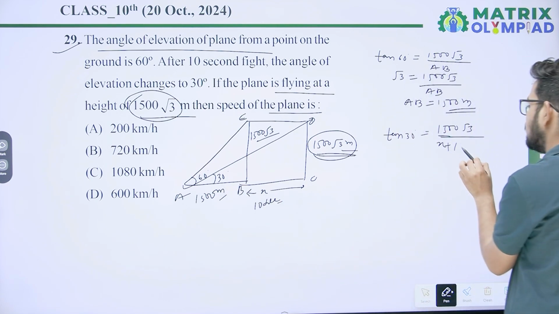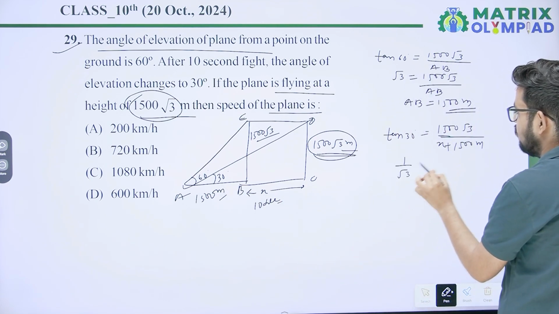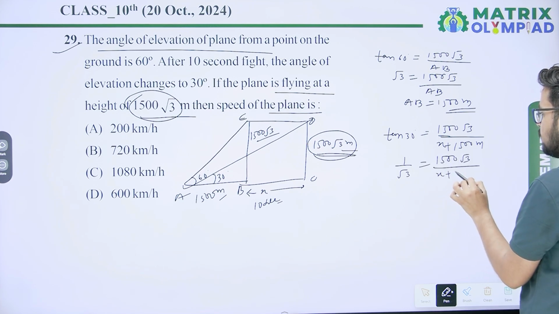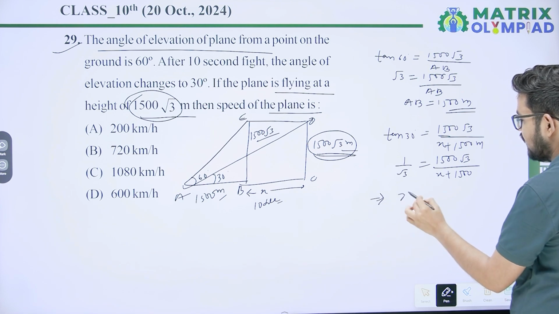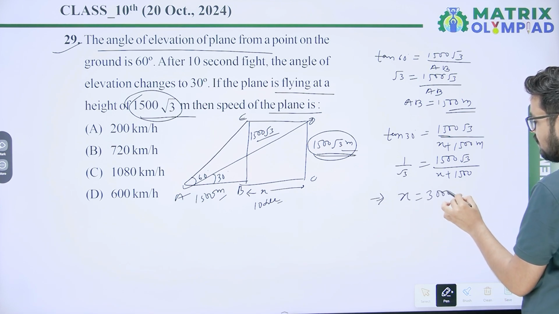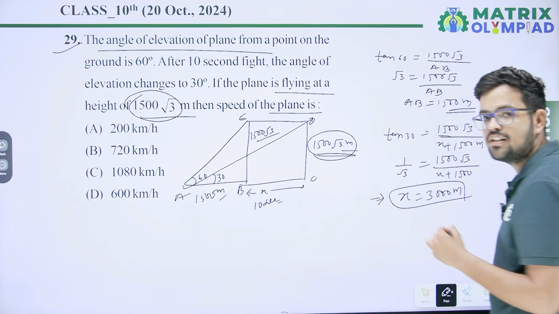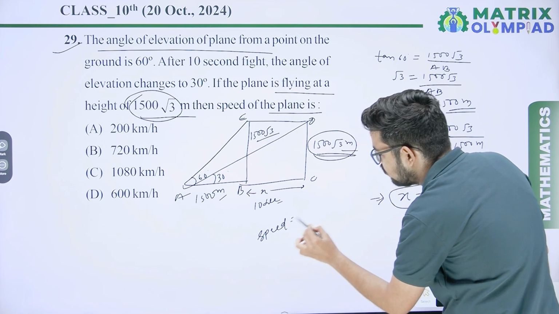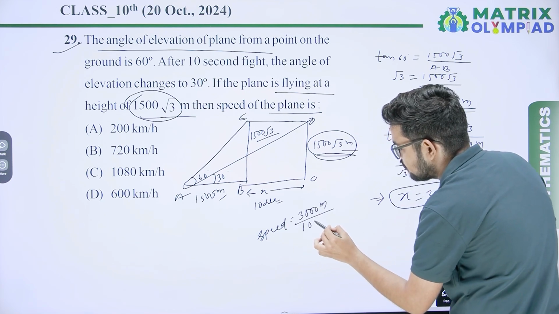So 1 upon root 3 equals 1500 root 3 upon x plus 1500. So after simplification we will get x equal to 3000 meter. It means the distance traveled in 10 seconds is 3000 meter. So speed equals distance upon time.